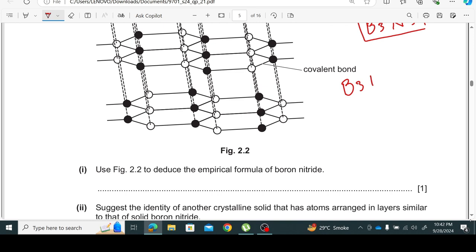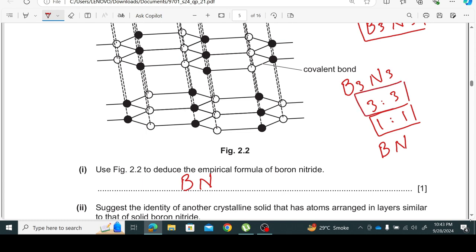B3N3 has the ratio 3 to 3. Empirical formula gives the simplest whole number ratio of atoms, so when you simplify it becomes 1 to 1, and the formula will be BN. In molecular formula, the actual number of atoms is mentioned.